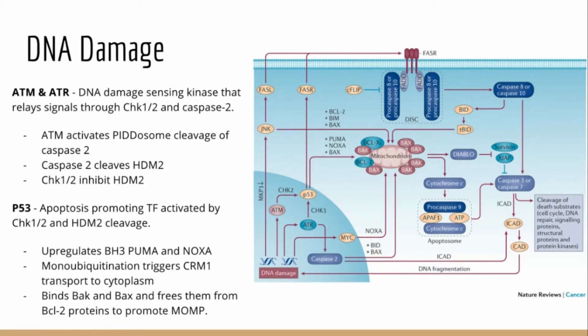So not only is P53 a powerful pro-apoptotic transcription factor, but it also does the job itself by going into the cytoplasm and directly binding to BAK and BAX and dislodging them from BCL-XL or BCL2, and thus promotes the formation of the MOMP and release of cytochrome C and Diablo, which is also SMAC, and this leads to the caspase cascade.